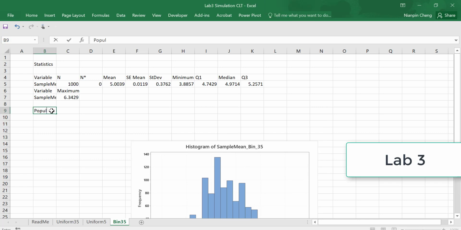And then we calculate the population mean, equal to 100 times 0.05, and the population standard deviation. Population standard deviation is equal to the square root of np(1 minus p). n is 100, p is 0.05, and we multiply by 0.95, 1 minus p.